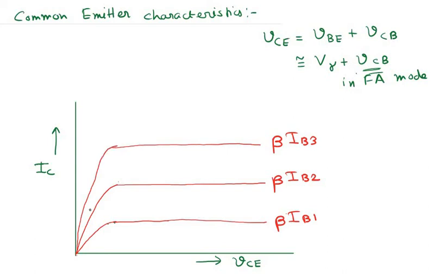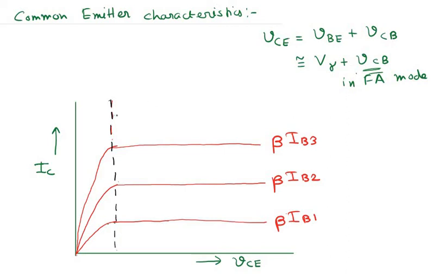So this is basically our common emitter characteristics, or how the collector current varies with the collector to emitter voltage. The regime in which this collector current is more or less constant with the collector to emitter voltage is known as the forward active mode, just as we discussed earlier: in this regime the base to emitter junction is in a conducting state and the collector to base junction is reverse biased.